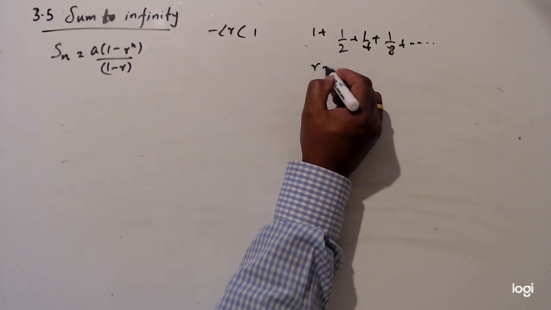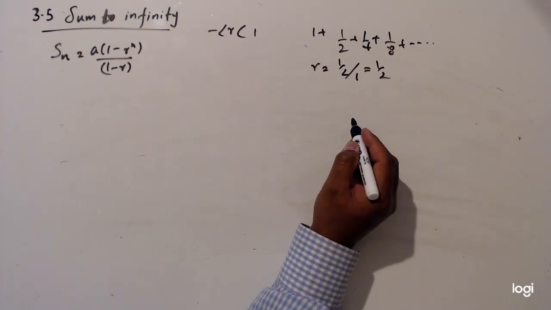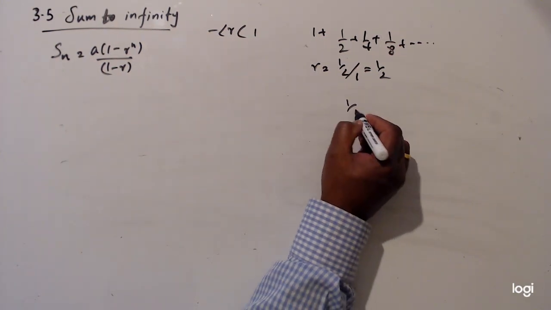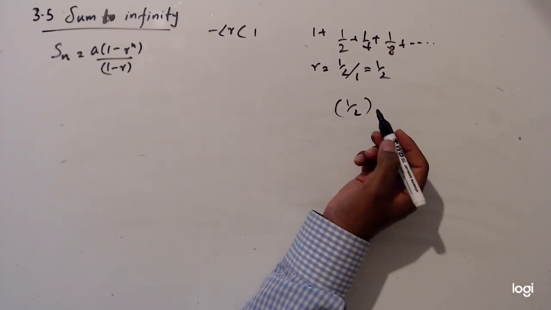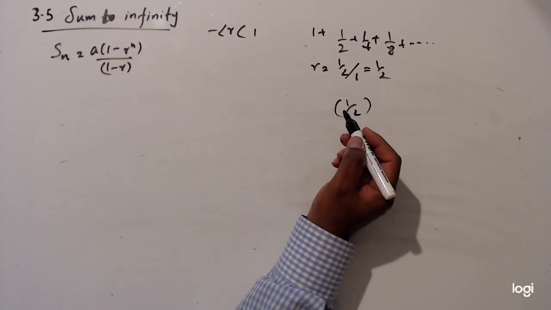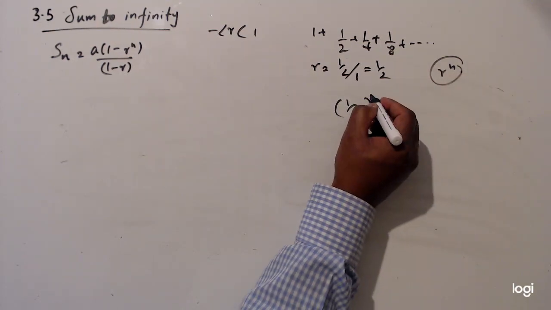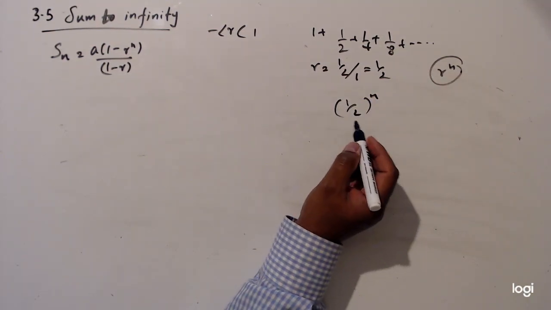Now r is half divided by 1, which is half. I am talking about r to the power n, which means half to the power n.